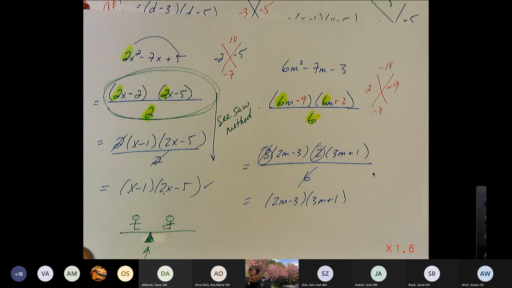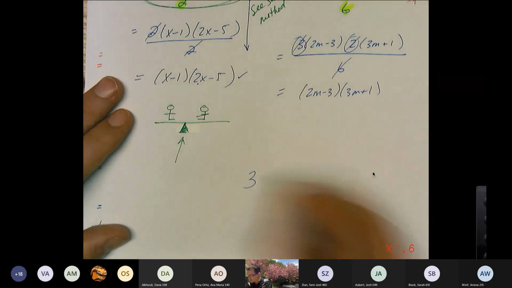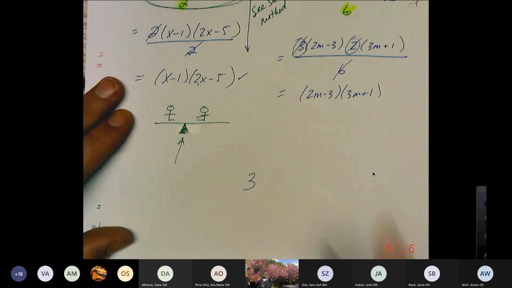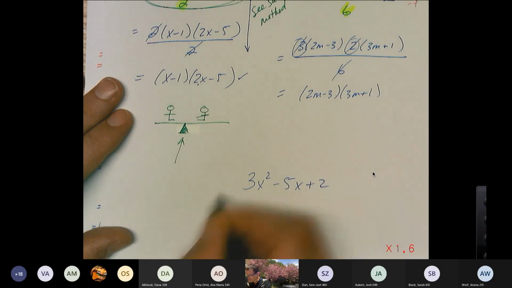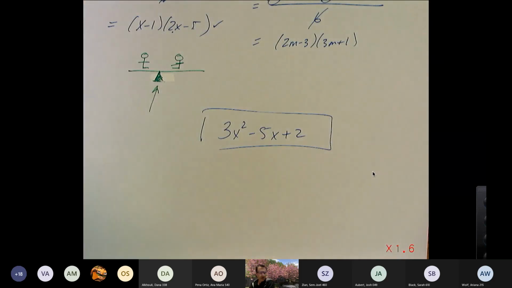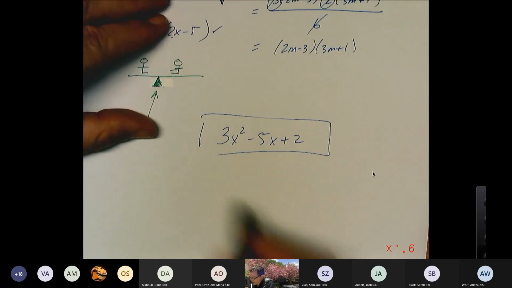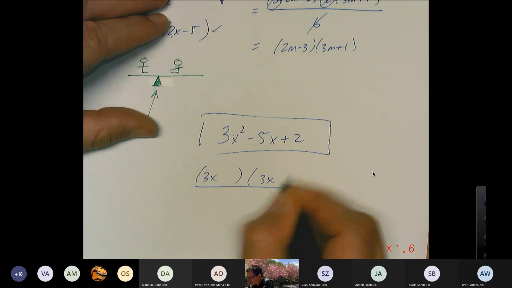The very last one, and the last thing we need to do today, is 3x squared minus 5x plus 2. We'll do this one using seesaw. So it's a 3x, and a 3.